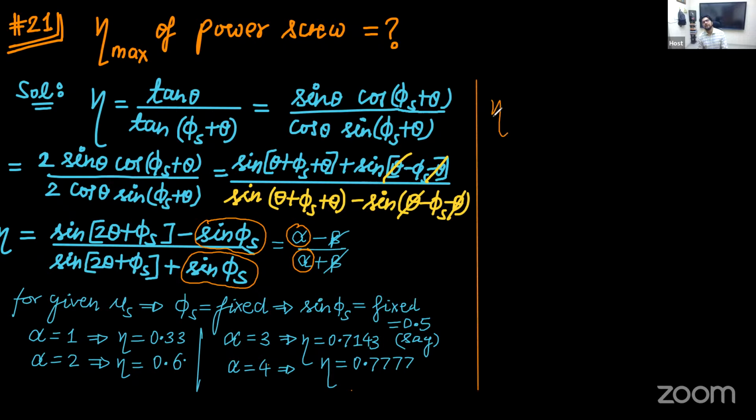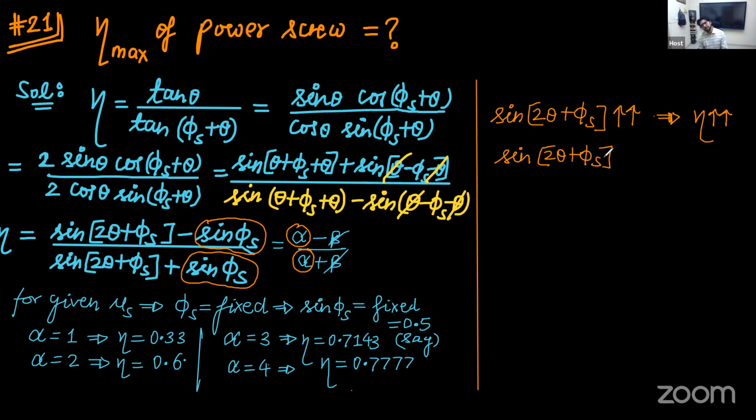If the so-called alpha value, that is sine of (2 theta plus phi s), becomes more, then efficiency becomes more. So what is the maximum value that sine of (2 theta plus phi s) can have?